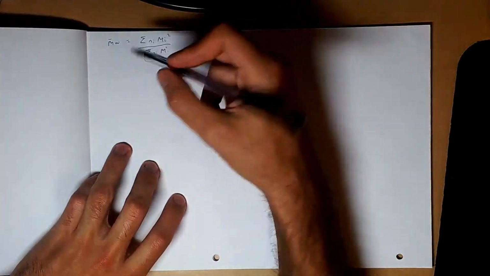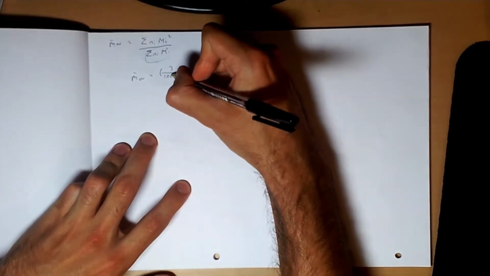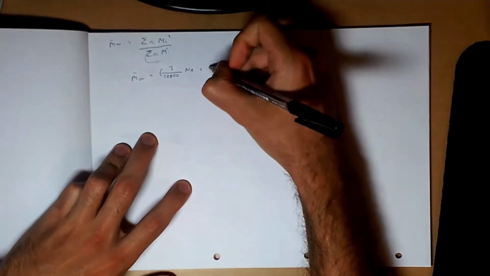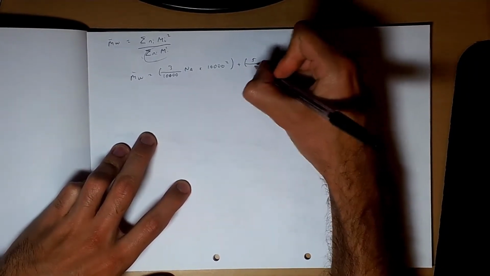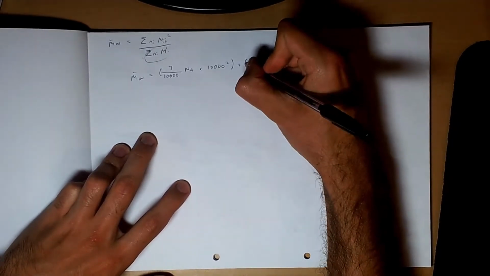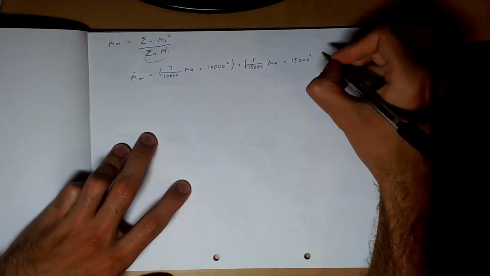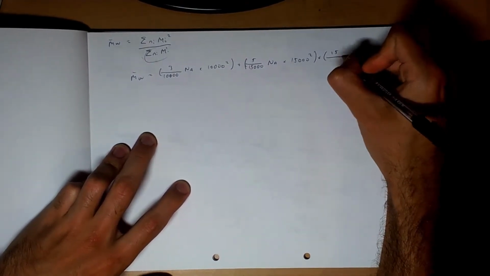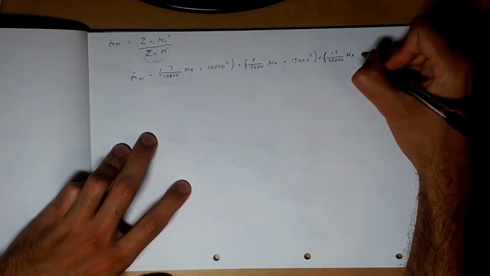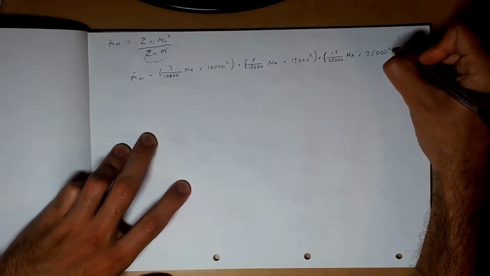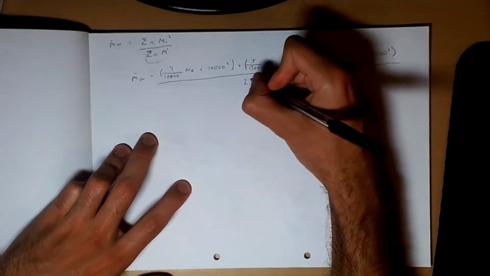So if we write this out, we have Mw equal to 3 over 10,000 Na times 10,000 squared plus 5 over 15,000 Na times 15,000 squared plus 15 over 25,000 Na times 25,000 squared, and that will be all over what we calculated before, which was 23 Na.